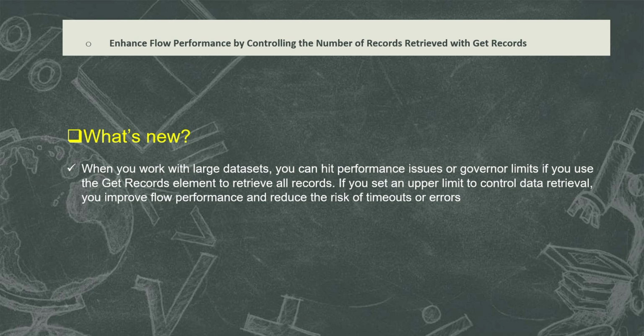So it can simply hit your performance issues or your governor limits, because the data has to be retrieved in your flow. So you can improve performance and reduce the risks of timeout and errors.